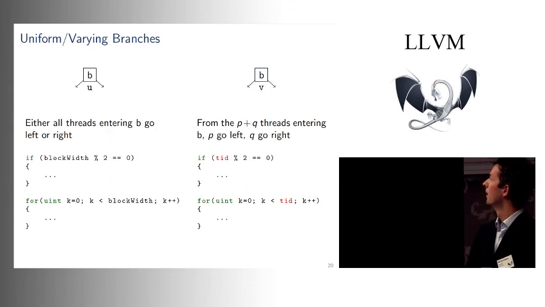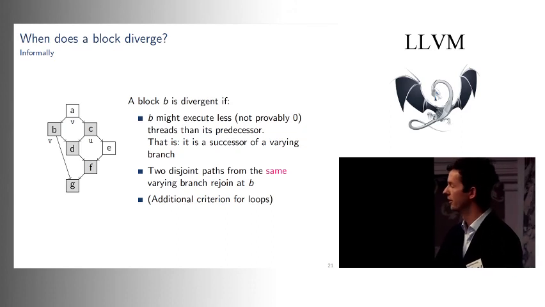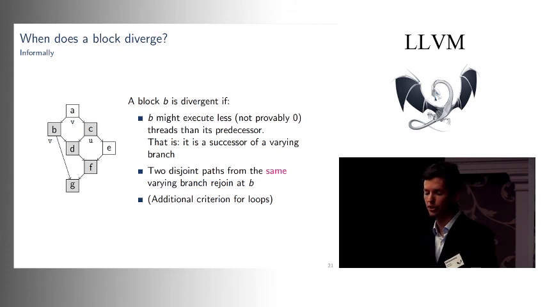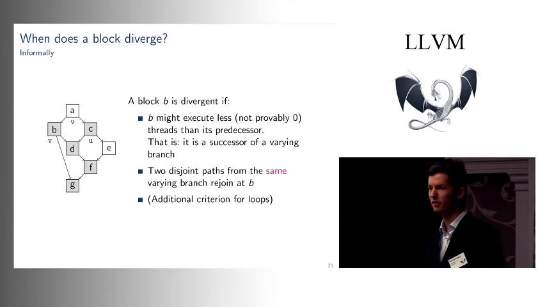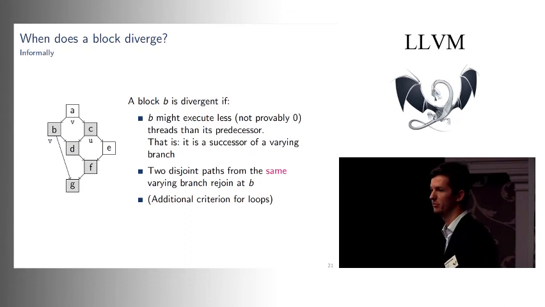knowledge, we classify different blocks as either divergent or non-divergent. And just informally, a block is divergent, which is noted by a gray shade on the block, if it's a direct successor of a varying branch. For example, blocks B and C are direct successors of the varying branch in A. And the second criterion is that there might be disjoint paths from the same varying branch that lead to the block.